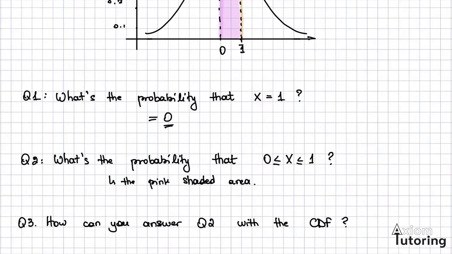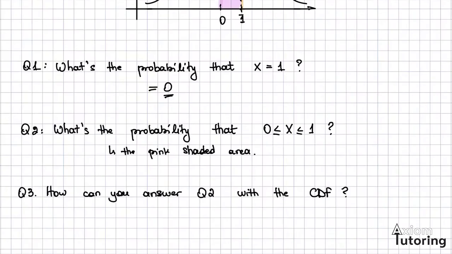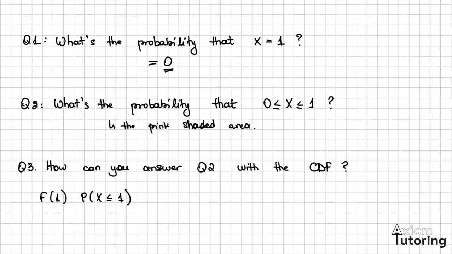So the CDF at point 1, so we would have a probability that x is smaller or equal to 1. Let's call this F of 1. Then at 0, we would have F of 0, which means that's the probability of us seeing something smaller or equal to 0.